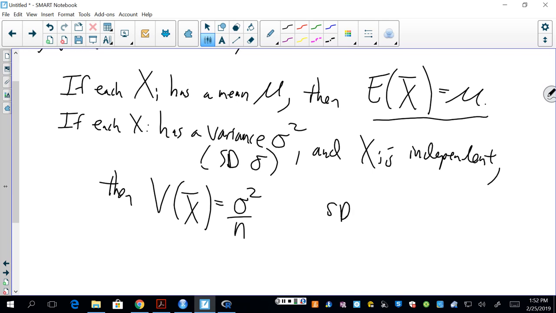So the standard deviation of X bar is sigma over the square root of n. So that as you get bigger sample sizes and average together the responses, the variability of those averages goes down.